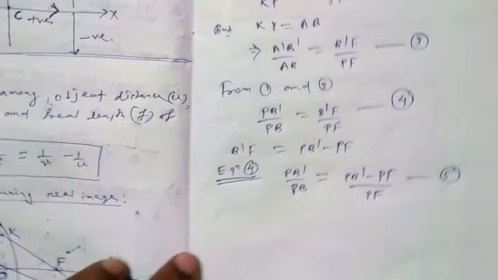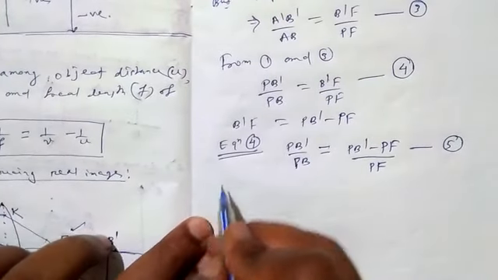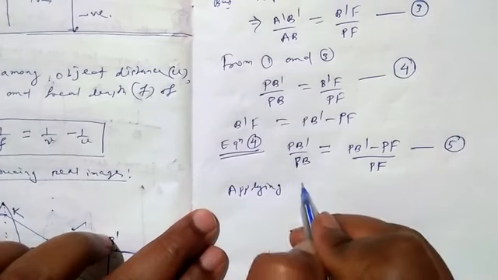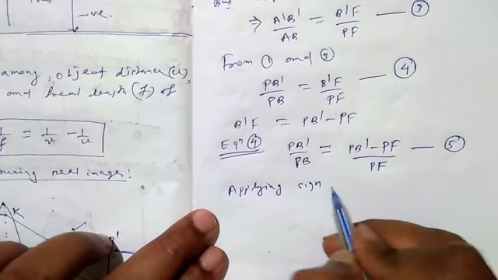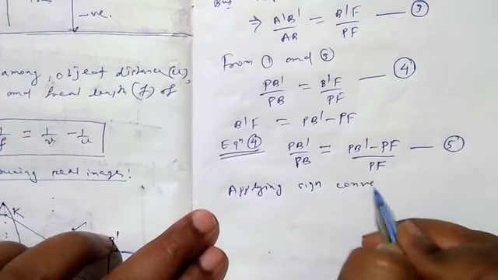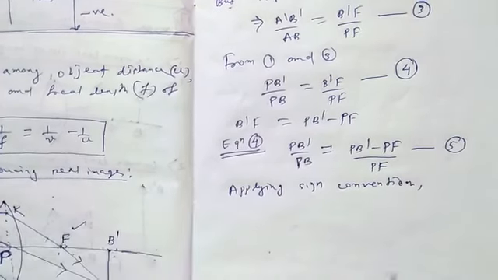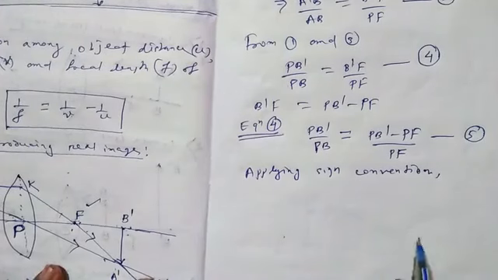Now applying sign convention, we can write: what is PB dash?